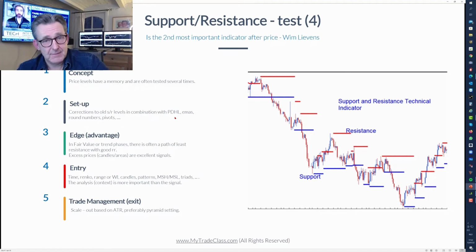And then you can set the support and resistance level at these areas. And what the tool will do is, when you get a certain signal in this area, it will trigger an alert.